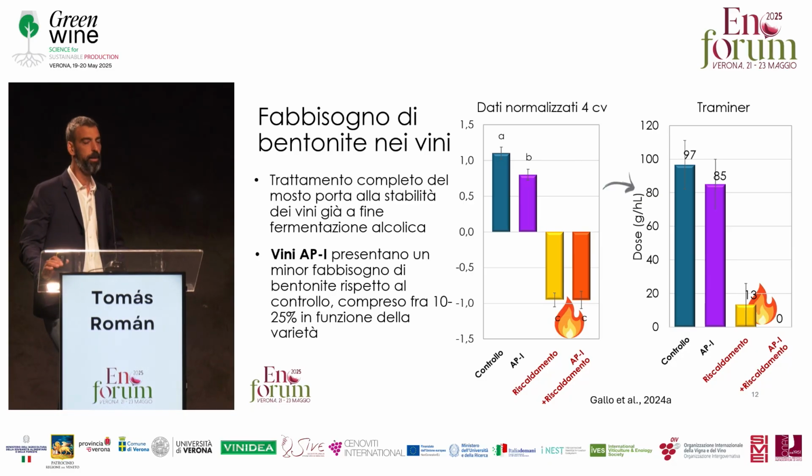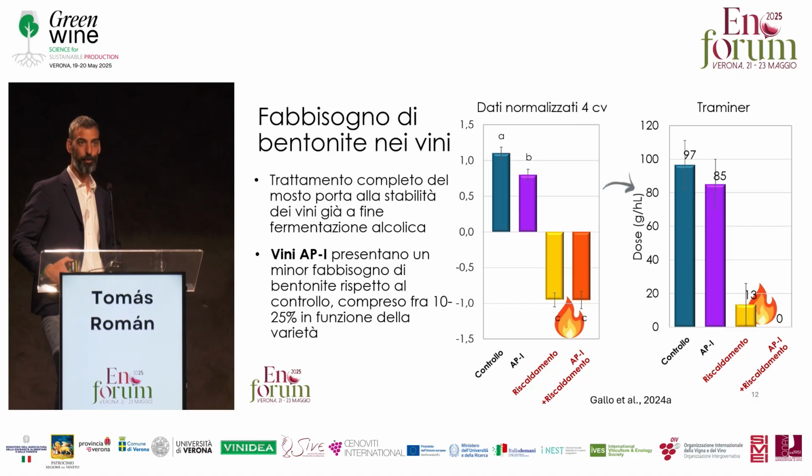But this is a trend that needs to also be compared to practical needs. And the practical needs needed to come to terms with the need for using bentonite in the same wines. So we've measured it against the required amount of bentonite to be used in these wines.